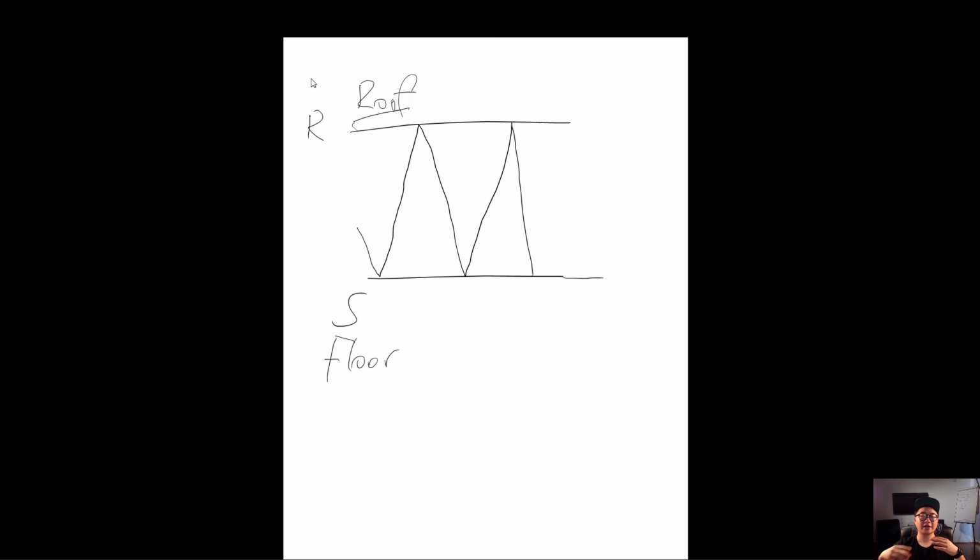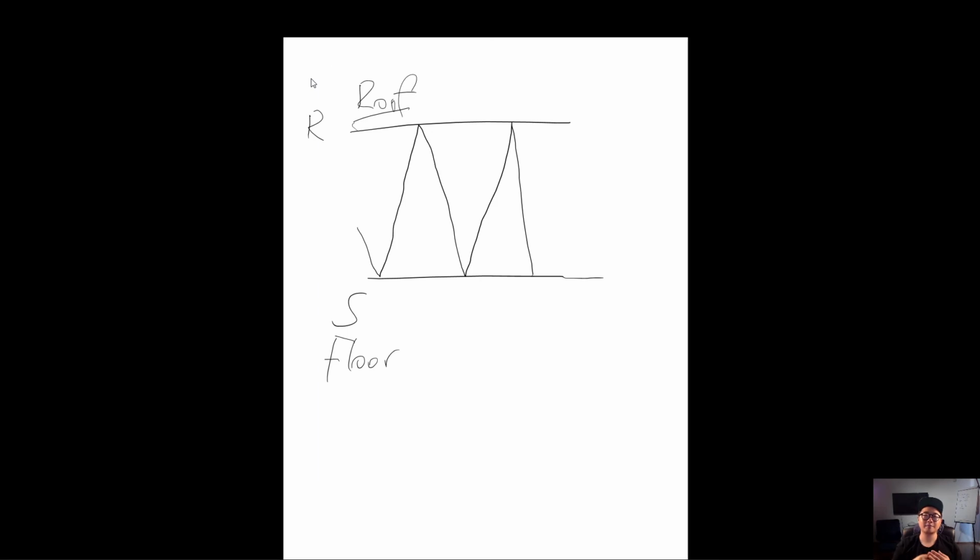But I also had trouble at the very beginning when I started trading to remember the names of support and resistance. That's why I told myself I'm going to call support the, what did I call it? Yes, the floor, and the resistance, I call it the what? The roof.